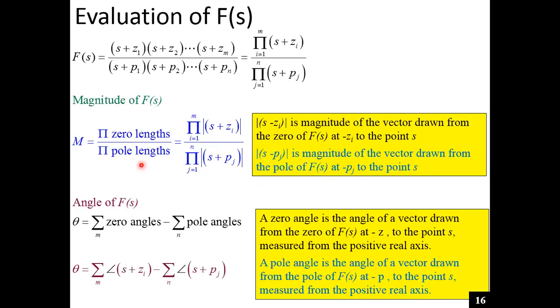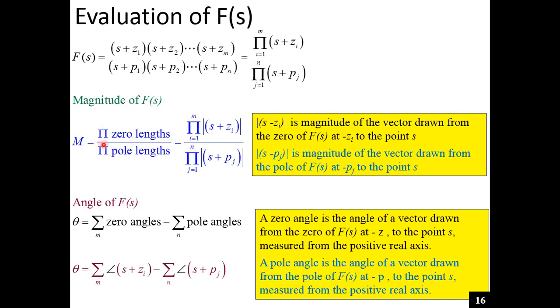Similarly, this is the representation of the point in polar form. We have to find the magnitude and the angle. The magnitude is found by the ratio of the product of all the zero lengths divided by the product of pole lengths.